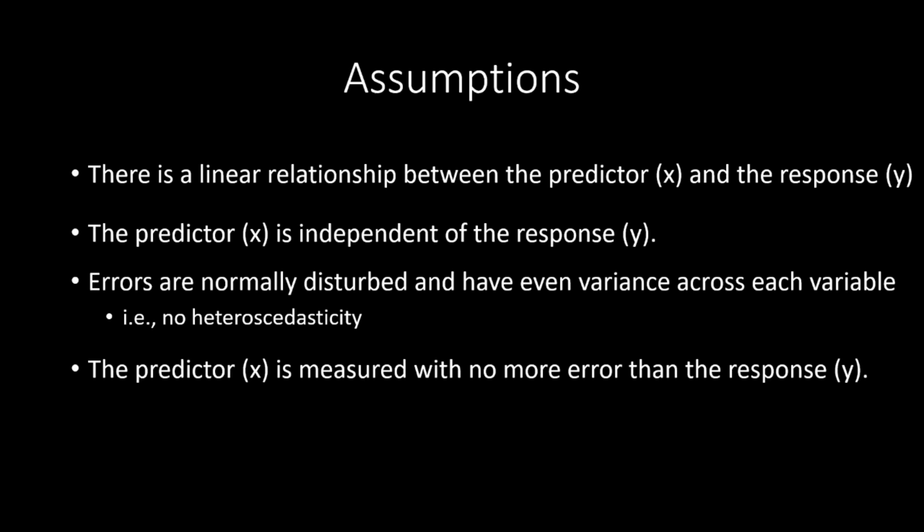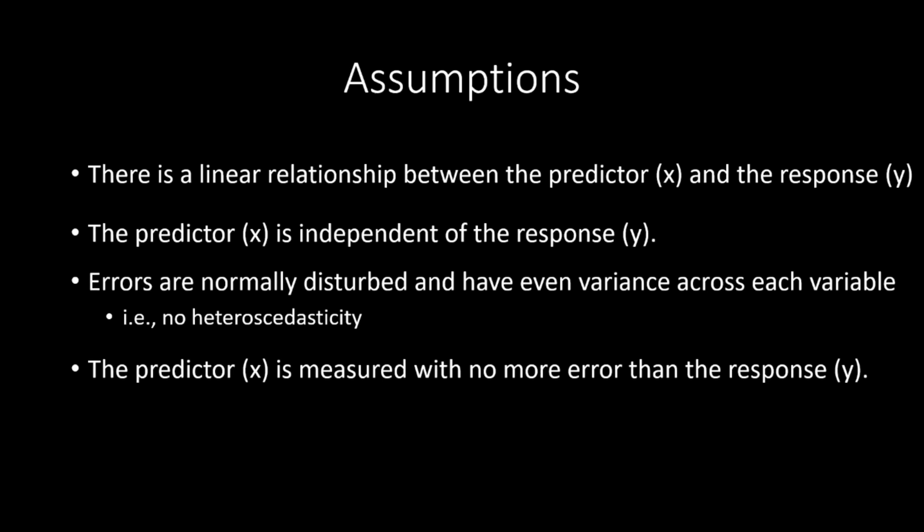The model also assumes that the predictor is independent of the response, that errors are normally distributed, and that those errors have even variance across each variable. That is to say, there is no heteroscedasticity.